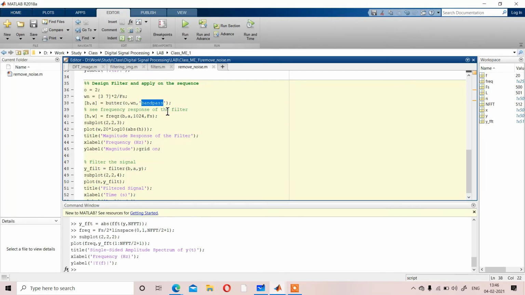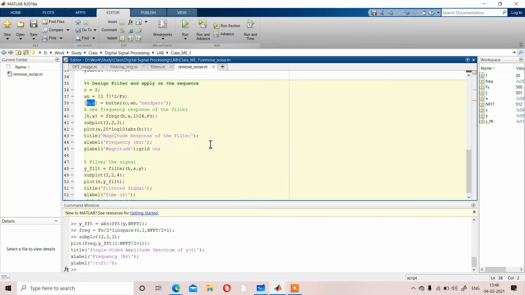So what is happening here? If we do that, whatever frequency response we are getting, FREQZ defines the frequency response considering B and A, the coefficients of the filter, as I have written here, alpha, beta, alpha.